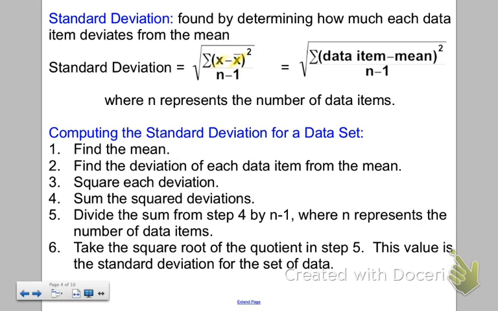Then we're going to square each of those, add them up, divide by 1 less than the total number of data values, and then take the square root. Okay. So let's look at what this actually looks like in application.